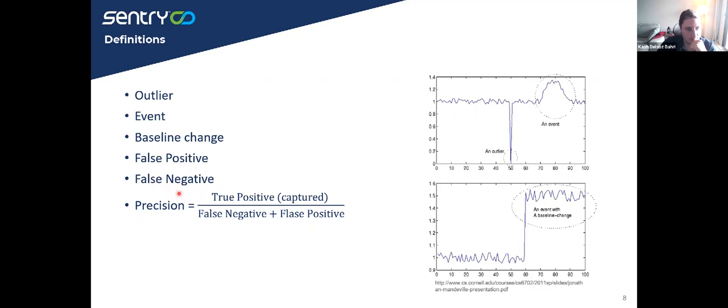We have a false negative, where an event is actually happening but the algorithm is not able to capture it. And finally, a metric that we use to evaluate the effectiveness of an event detection model is precision, which is basically the number of captured events divided by the total alarms that were raised by the algorithm.